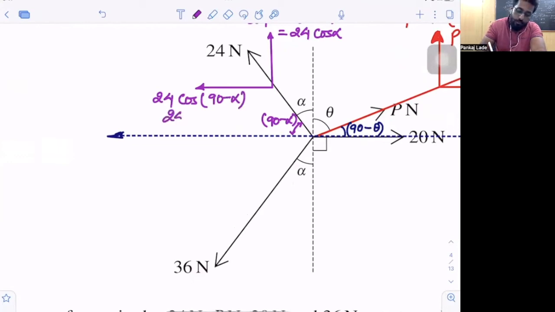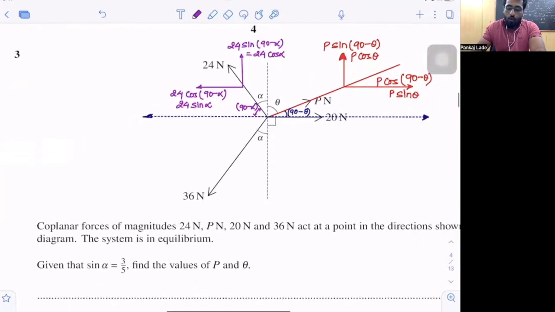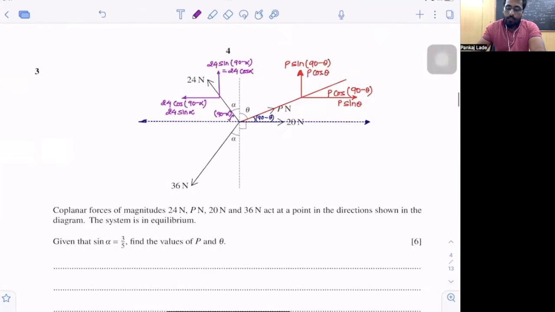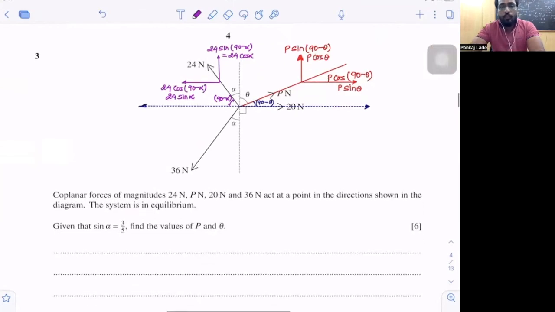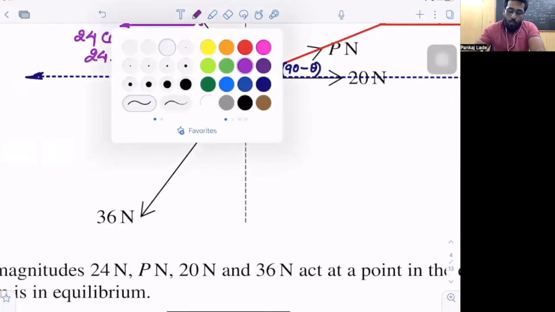That's 24 sine alpha. I hope this is pretty clear to you, the resolution of the forces. Right, students? Now, what next force is left? There were a total of 4 forces: the 20 Newton, the P Newton, the 24 Newton, and the last one is 36 Newton. Its inclination with the horizontal is again what?